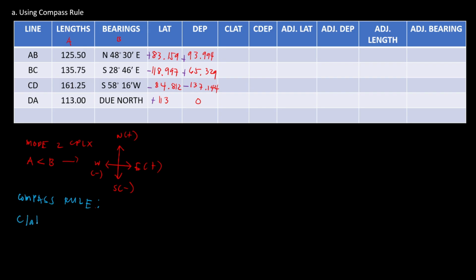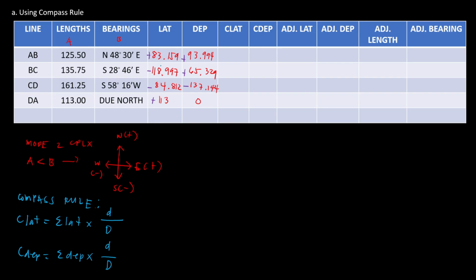For CLAT, the formula is the summation of latitude times d over capital D. And for CDEP, the summation of departure times d over D.